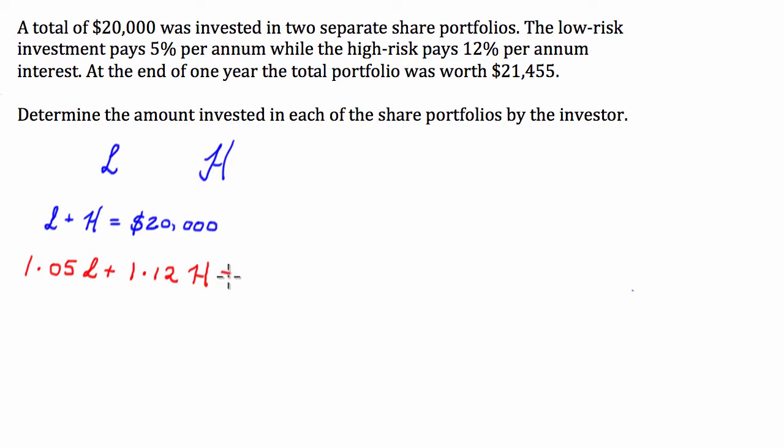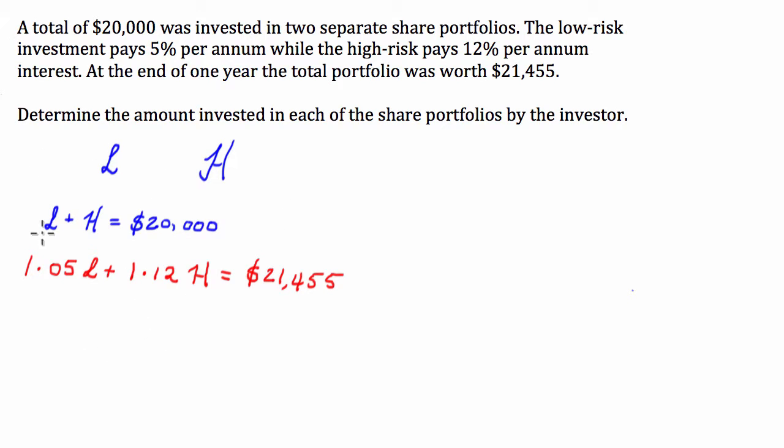And if we sum these together, this is going to equal $21,455: 1.05L + 1.12H = 21,455.